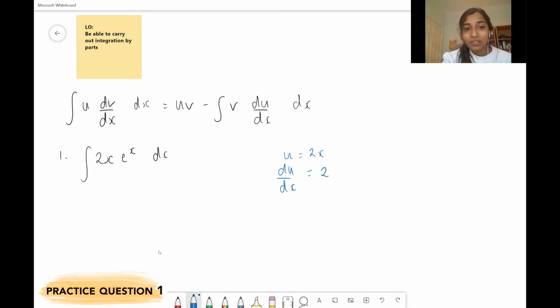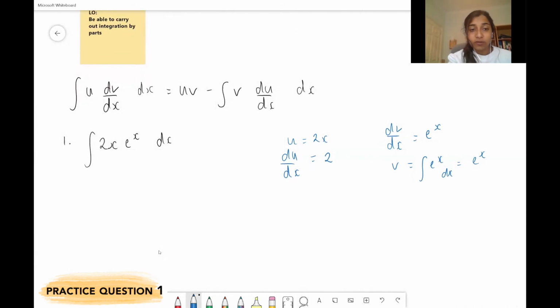So now we call our dv over dx e to the power of x. And then to find v, we just want to integrate e to the power of x, so that would just be equal to e to the power of x. So now we can just plug all these values into our formula here.